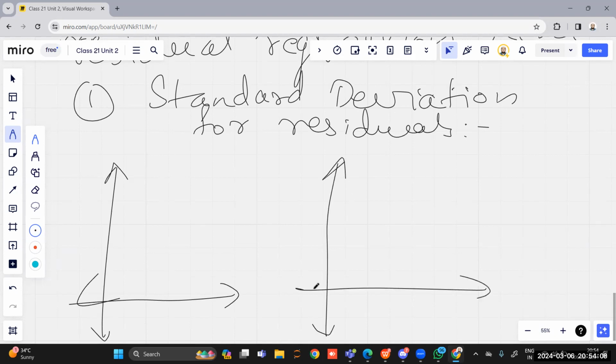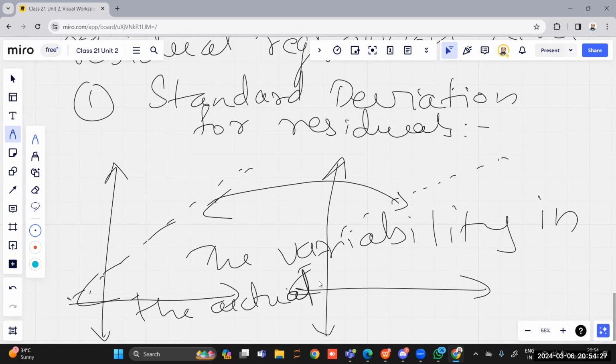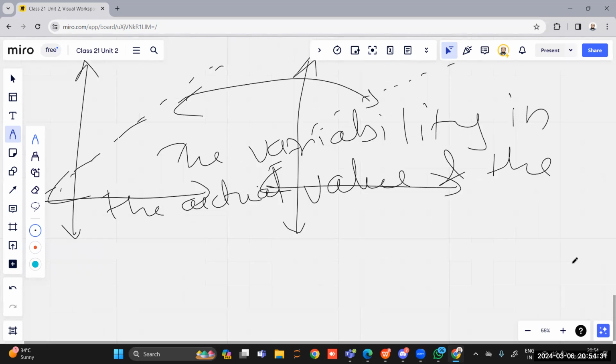For example, here this is the actual Y, and suppose this is the predicted Y. So it compares them. It is the measure of variability between the actual value and the predicted value.